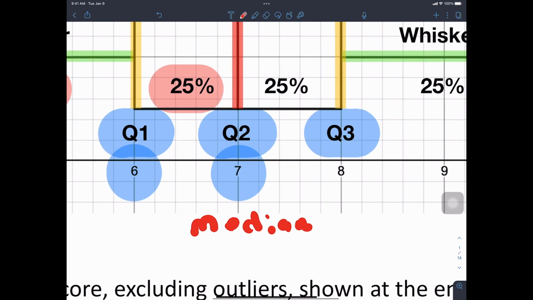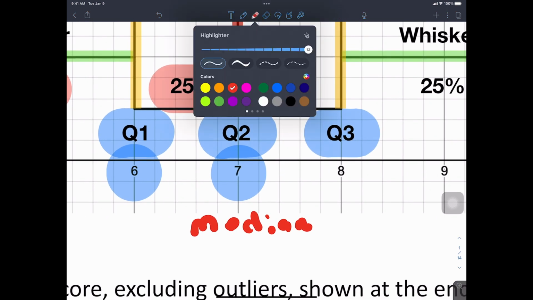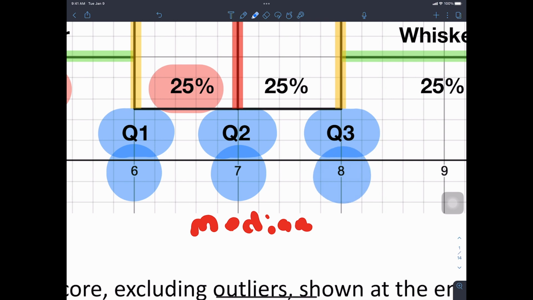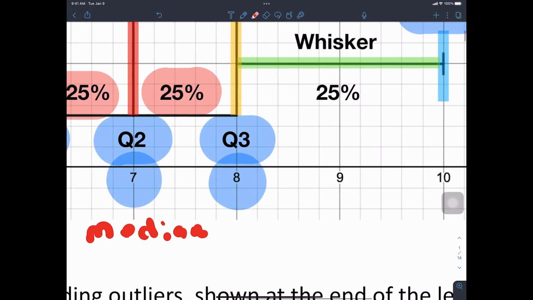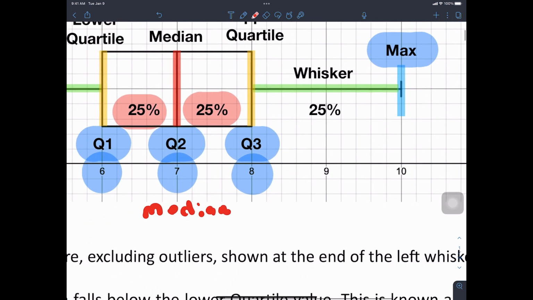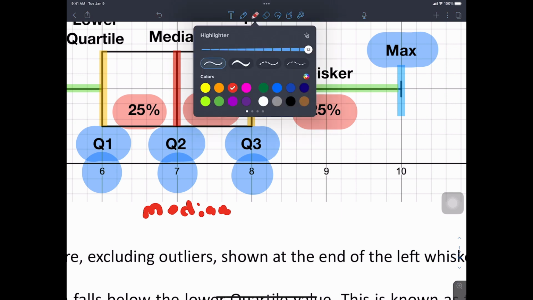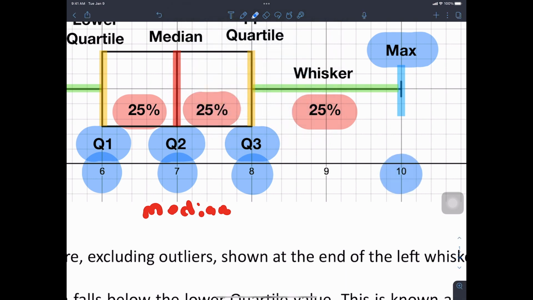Okay, and then what's the third quartile in this picture? It's 8. 25% of the data is between what? The second quartile and the third quartile, meaning 25% of the data is between 7 and 8. And then finally, 25% of the data is above the third quartile, and it's between 8 and what number? 8 and what? 10, the maximum value.